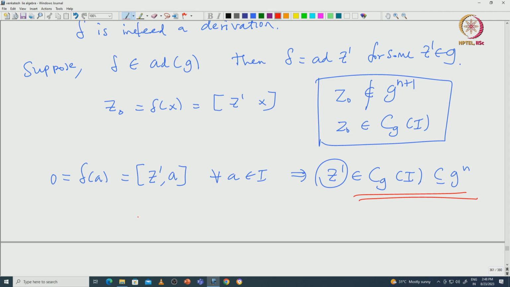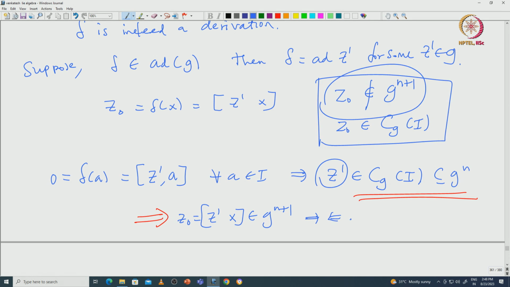So, that forces that z dash comma x, which is z naught, is in g power n plus 1. Okay. But note that z naught is not in g power n plus 1. So, that leads to a contradiction. Okay. So, that proves delta cannot be an inner derivation.